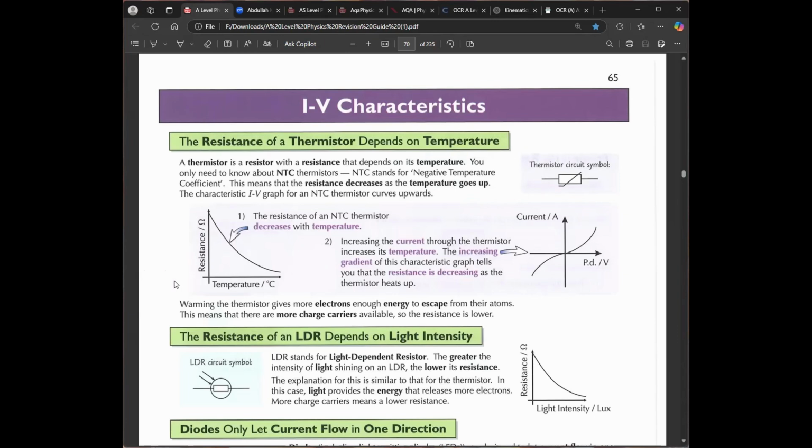Is it always curved and does it have to touch the y-axis? Yes, it's touching the y-axis because temperature is something that is independent. You can control it. If you go towards negative temperature, you will see that the resistance for an NTC would keep on increasing.